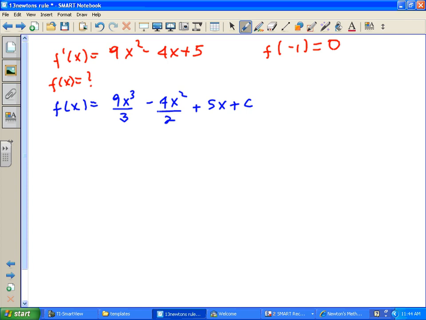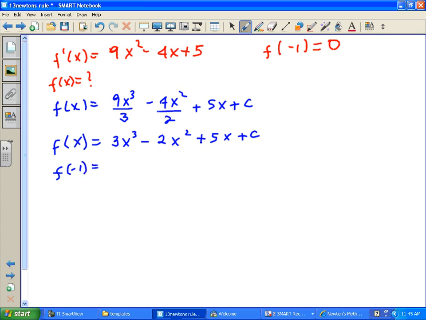X is negative 1, so f of negative 1 will be equal to 0. So substitute negative 1 for x and set the whole thing equal to 0. But before I do that, let me go ahead and simplify this previous line. Okay, and now I can try to determine the c by using the given extra information.